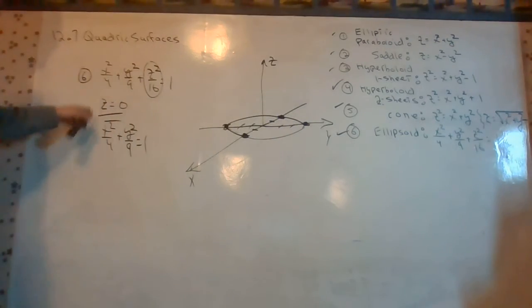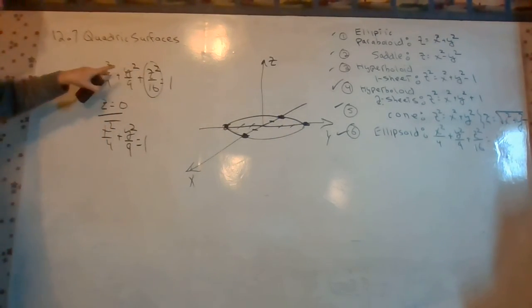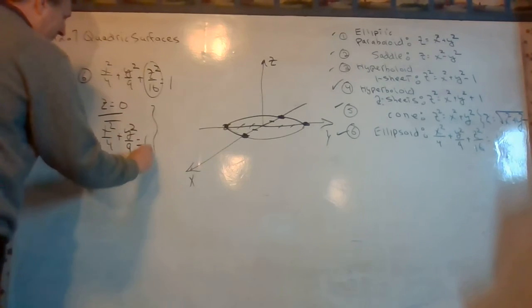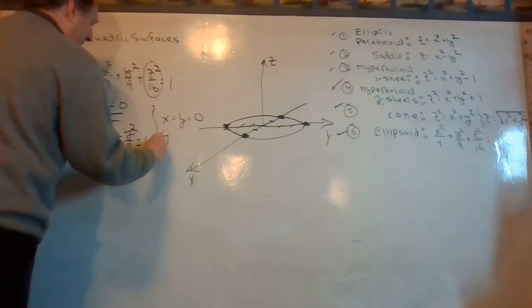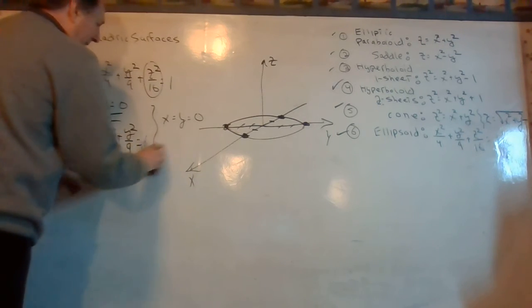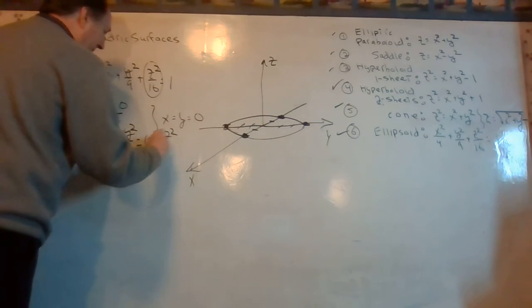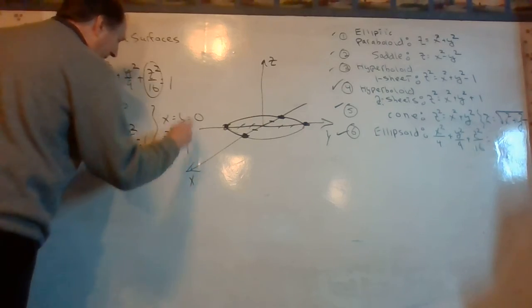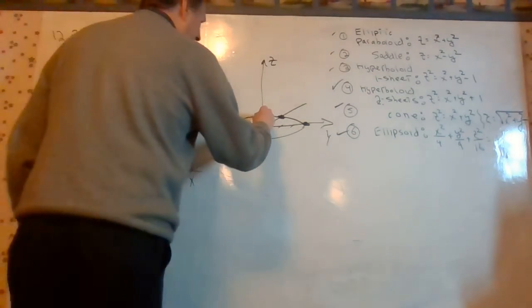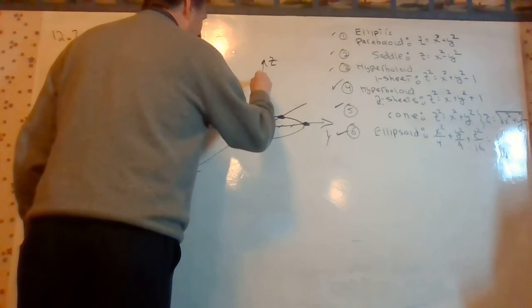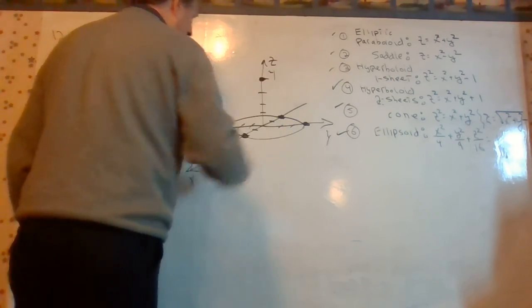Now, we can find the z-intercept by letting x and y be 0. And we end up with z squared over 16 equals 1. And z equals plus or minus 4. So we go up 1, 2, 3, 4. And there's our z-intercept.